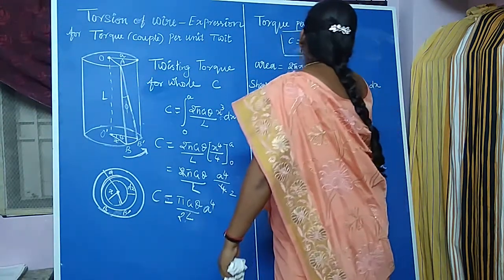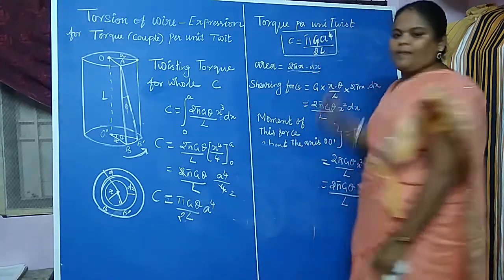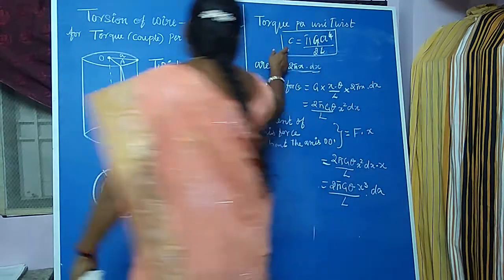This is the relation for torque per unit twist.